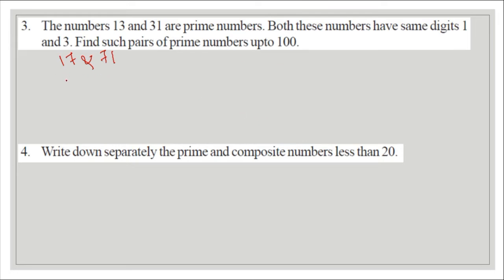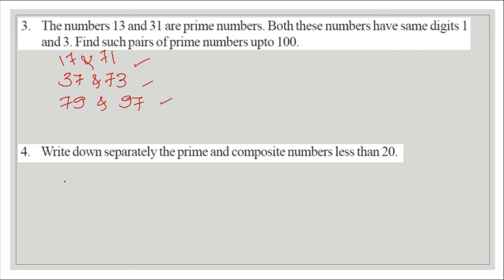So we have 13 and 31, likewise 17 and 71, 37 and 73, 79 and 97. Here the digits are the same but the places are interchanged.